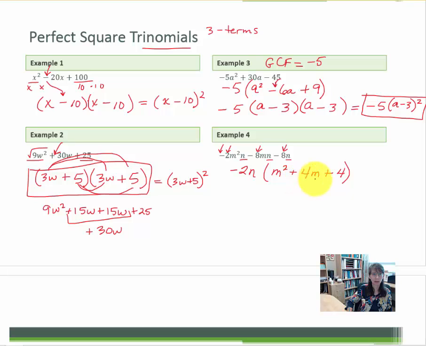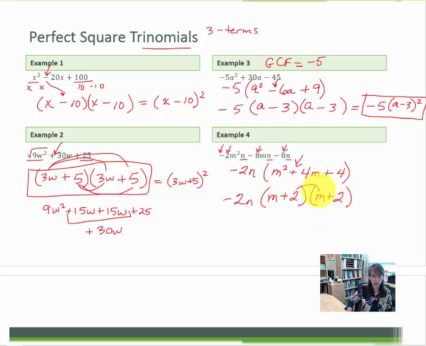Now maybe what we have here in the parentheses is a perfect square trinomial. M squared is a perfect square, so is 4. So let's try it out. Keeping our original greatest common factor, m squared is m times m, 4 is 2 times 2, and the only way to get a positive doubling in the middle is to use plus for both quantities.